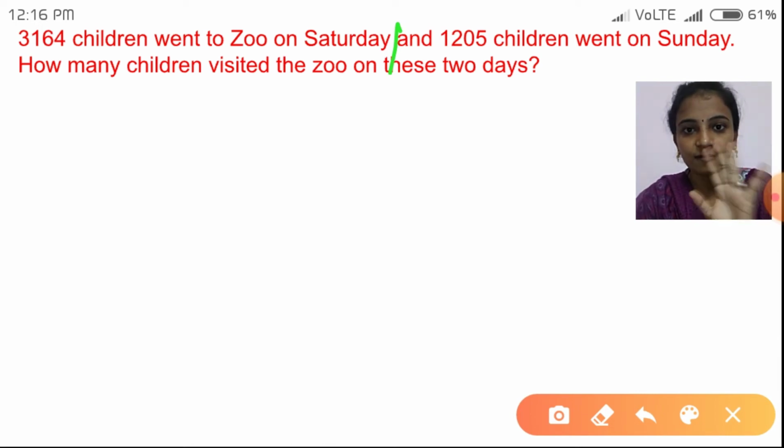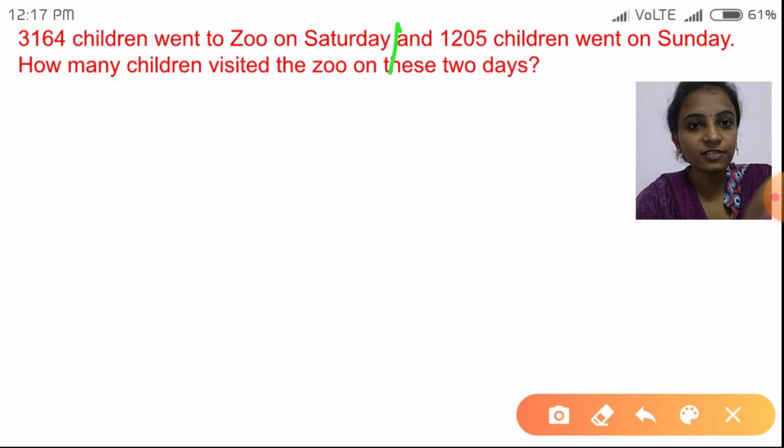Forget the remaining one, only see the first one. Up to where I have given the green mark, try to find out the steps.